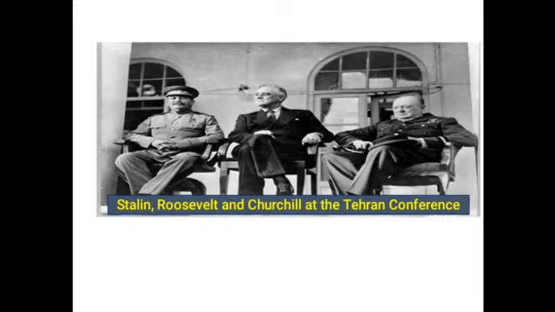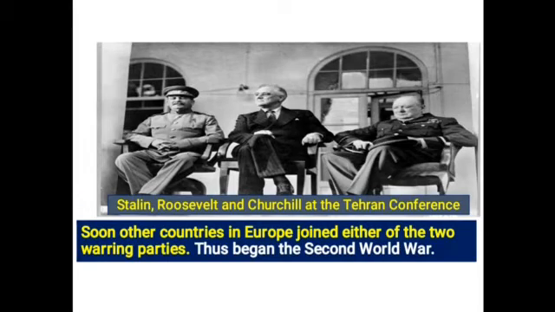So these three political leaders met at the Tehran Conference and decided to be on the side of the Allied powers and to attack the Axis powers. Soon other countries in Europe joined either of the two warring parties. Thus began the Second World War.